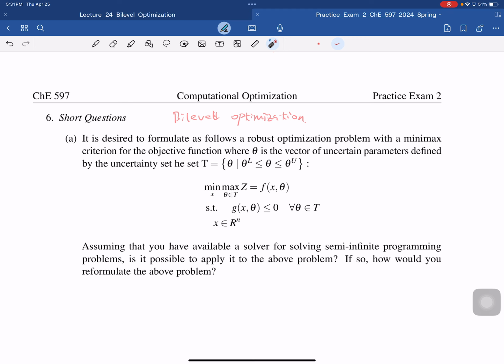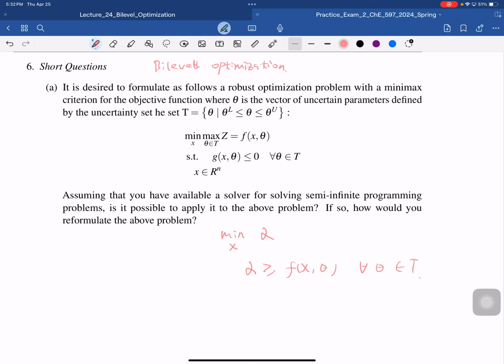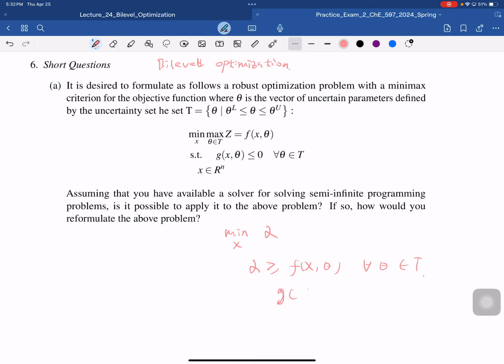Then you can show that this can be formulated as a semi-infinite programming problem just by doing the following. This is equal to minimize over x, writing the objective as alpha, where alpha should be greater than or equal to f(x, theta) for all theta belonging to T. And then you write out the constraints, and x is in R^n. So this is a semi-infinite programming problem because you have a finite number of variables but an infinite number of constraints.